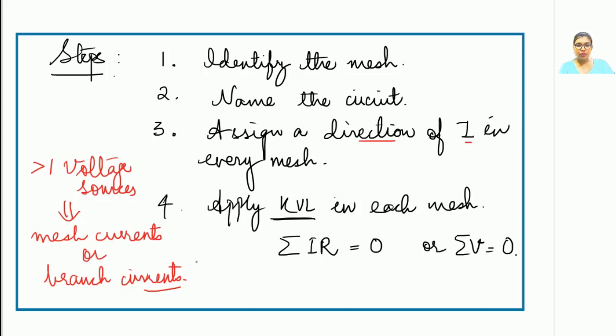Apply Ohm's law to express the branch voltages in terms of the mesh currents. I repeat once again, apply Ohm's law to express the branch voltages in terms of the mesh currents and the resistances. And finally, you have to solve the simultaneous equations in order to get the final mesh current values.